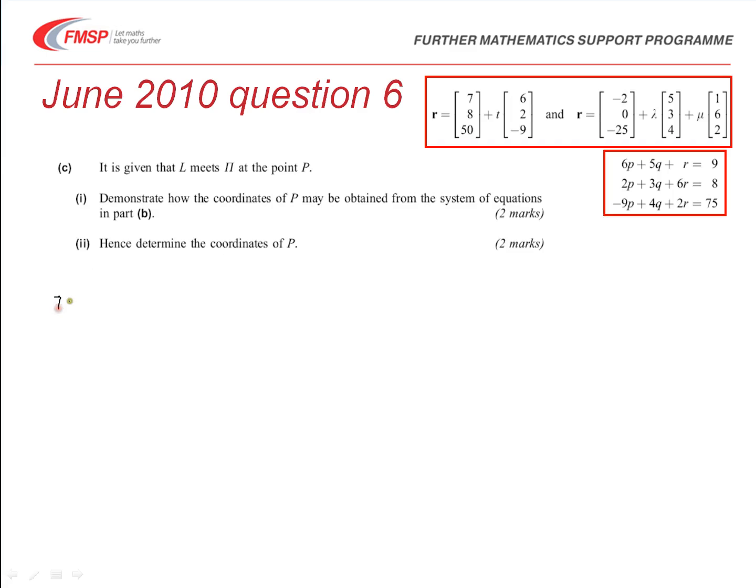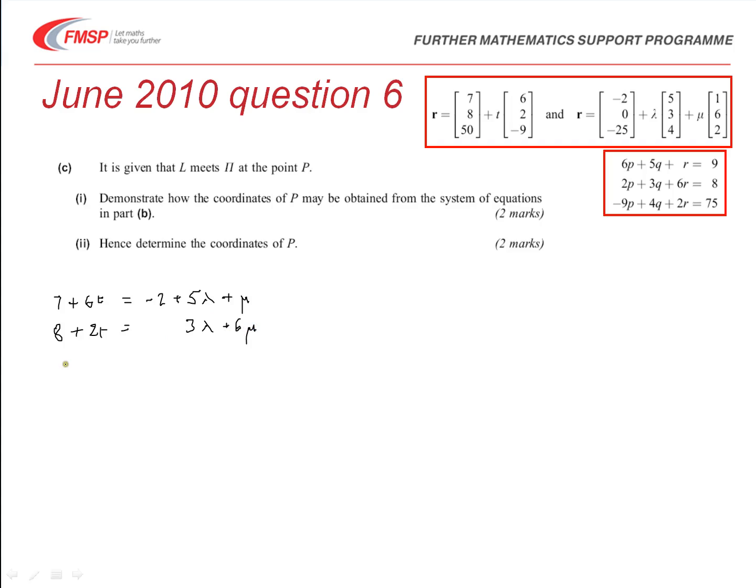You will get 7 plus 6t, the x component, is equal to negative 2 plus 5 lambda plus mu. The second one you'll then get is that 8 plus 2t equals 0, 3 lambda plus 6 mu.